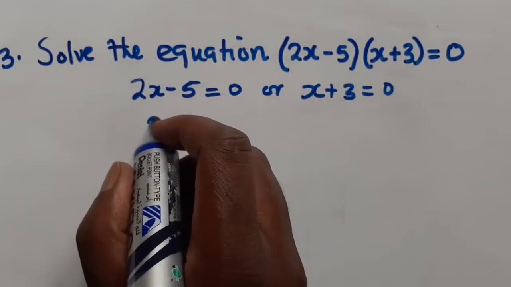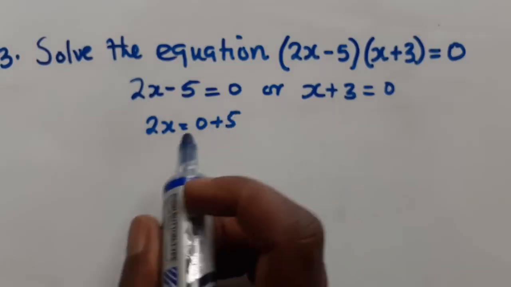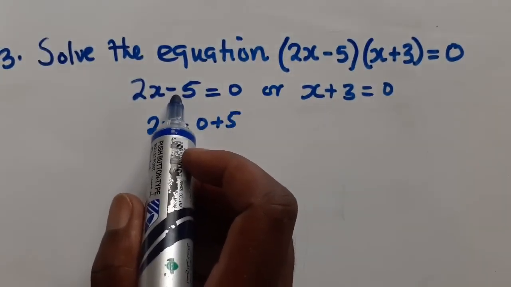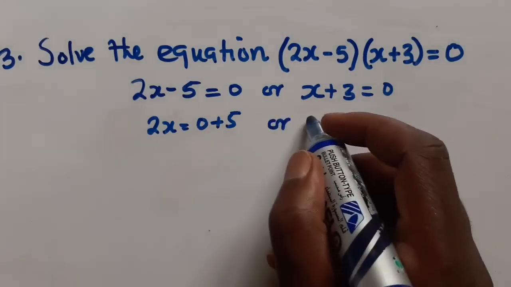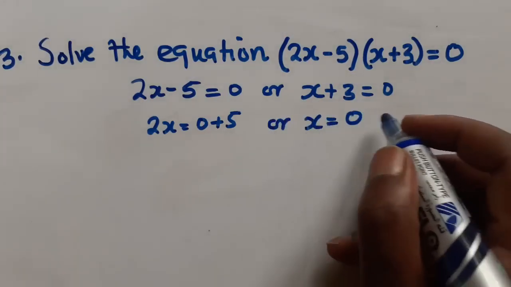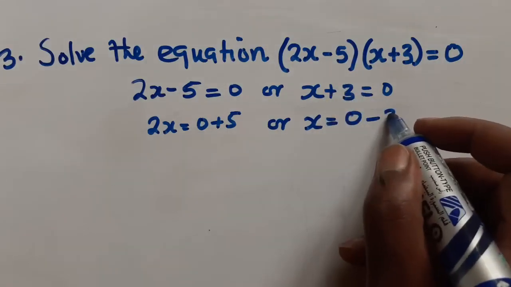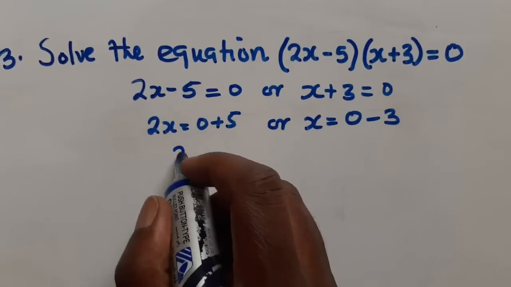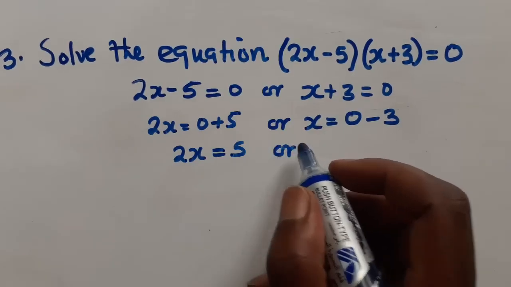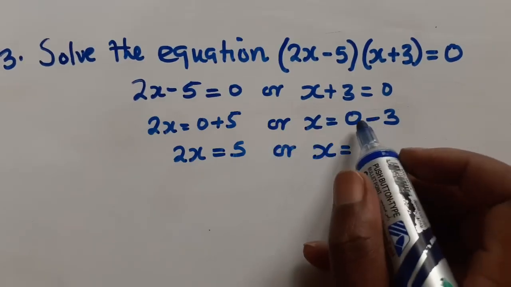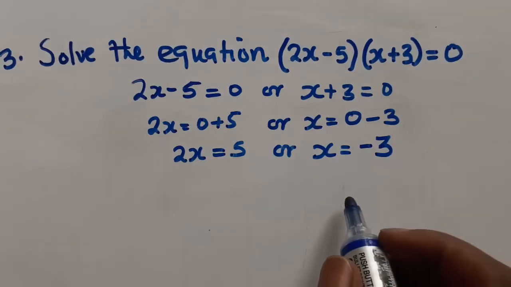Then this one is going to be 2x is equals to 0 plus 5. The additive inverse of minus 5 is plus 5. Or the same thing here, it's going to be 0 minus the additive inverse of plus 3 is minus 3. So what do we get here? This is going to give us 2x is equals to 5. Or x is equals to 0 minus 3, which is equals to -3.